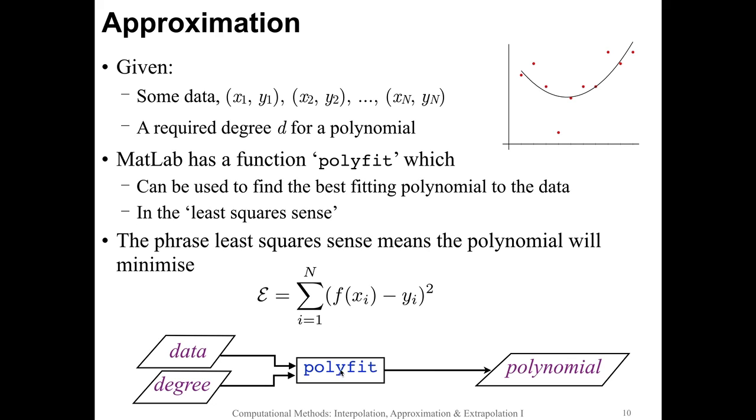So basically this MATLAB function polyfit takes as its input our observed data and the degree of the polynomial that we would like, and it provides for us a polynomial, which, if you look into the exercise, we'll see what form a polynomial can take in MATLAB.